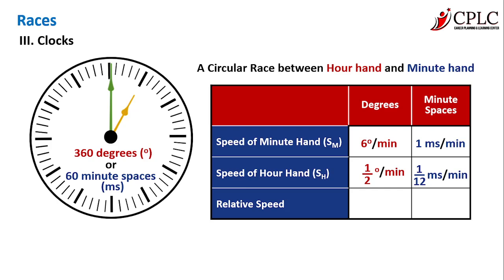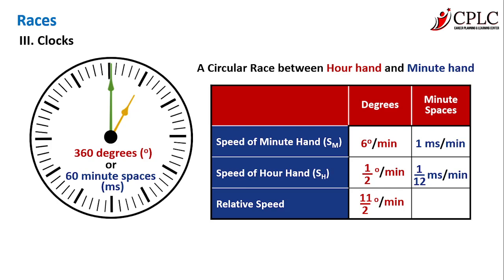Now, moving on, because they are traveling in the same direction, the relative speed will obviously be the difference of both the speeds, as we have discussed. So that becomes 6 minus half, which is 5.5, which is 11 by 2 degrees per minute.